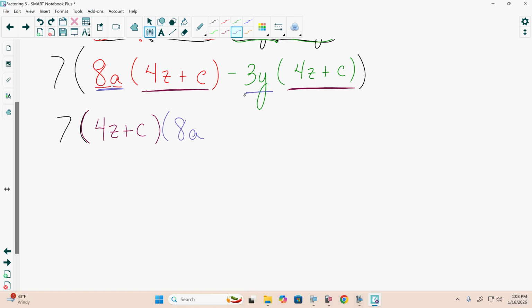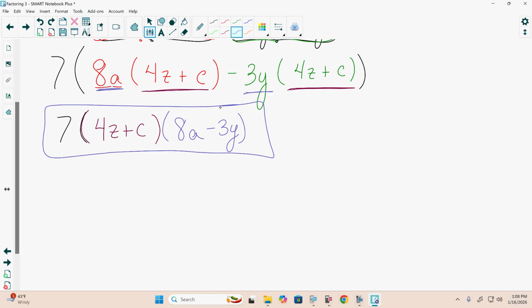When we factor it out of the second expression, we're left with negative 3y. Telling us that we have 4z plus c times 8a minus 3y. And that's it.